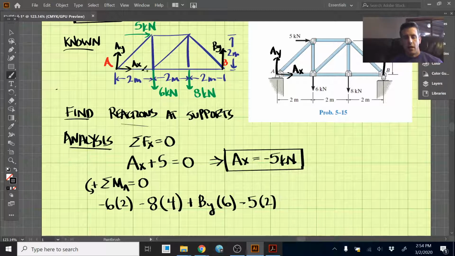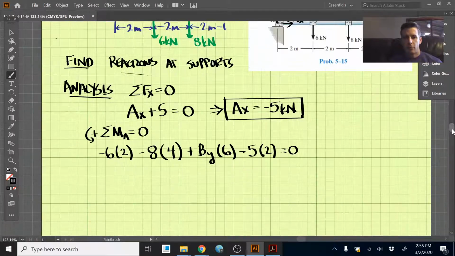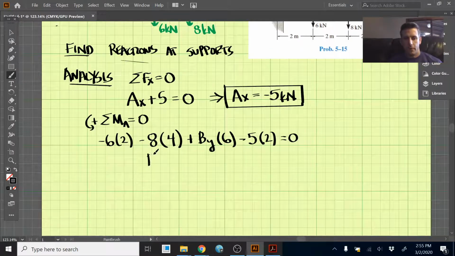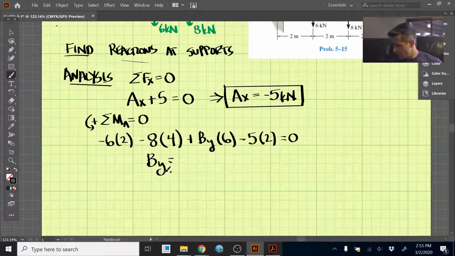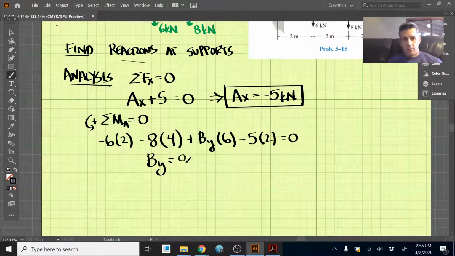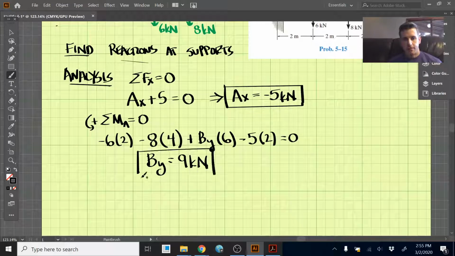And that accounts for all the forces on our diagram. So we set that equal to 0, and then we can solve for BY. BY comes out to be 9 kilonewtons. And that's part of our answer, so let's circle that.